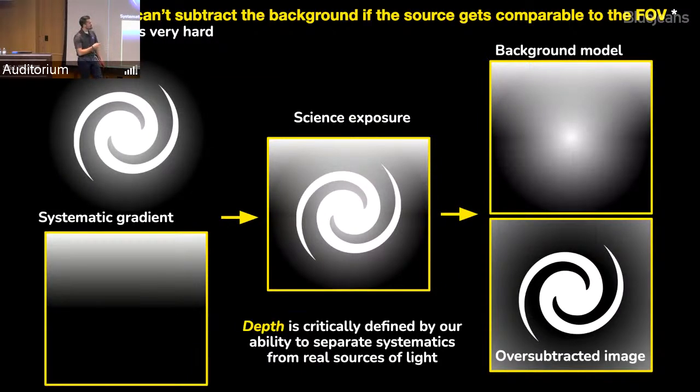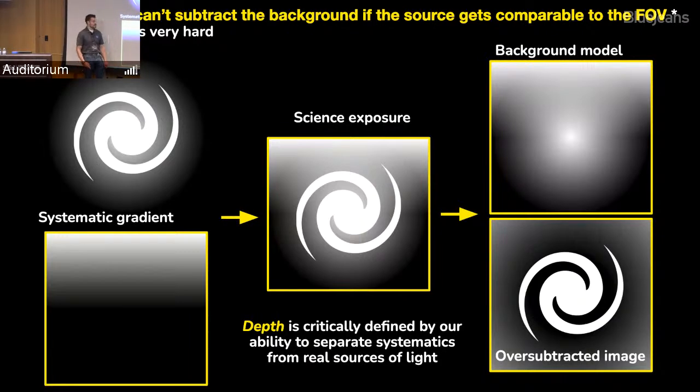The problem is that you can measure the sky background on the images themselves, but that doesn't work for things that are very large. If you have a large object in a systematic gradient, and the gradient is of the order of the size of the thing that you want to detect, and you measure the sky background in these images, you're going to include parts of this galaxy in the background model.